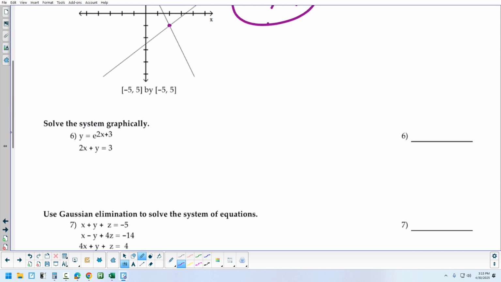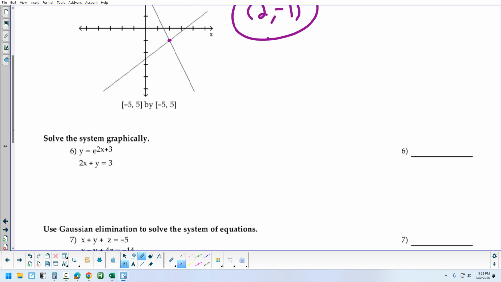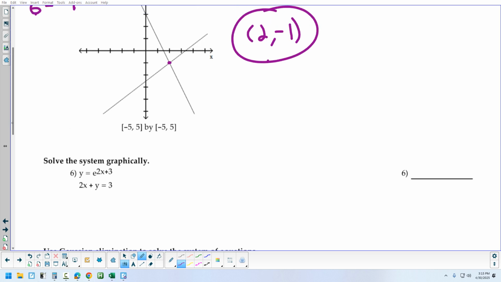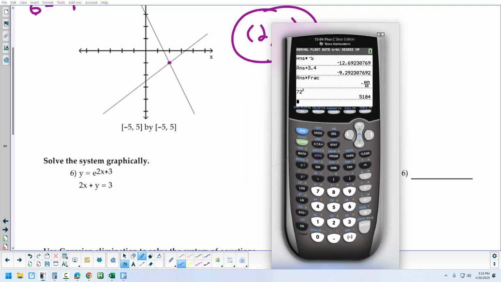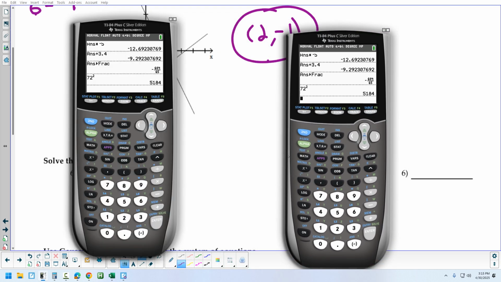Okay, so here's another one, solving graphically. To solve this one graphically, I didn't give you the equation this time. So what are you going to have to do?